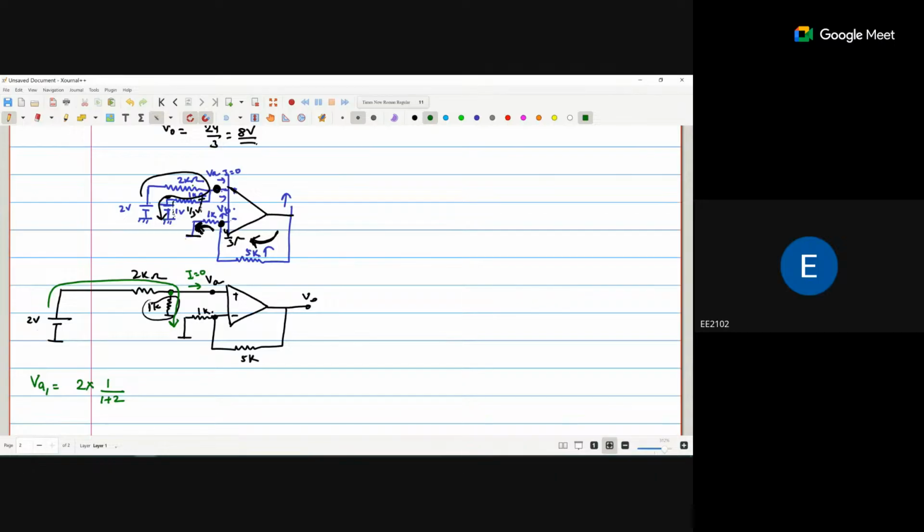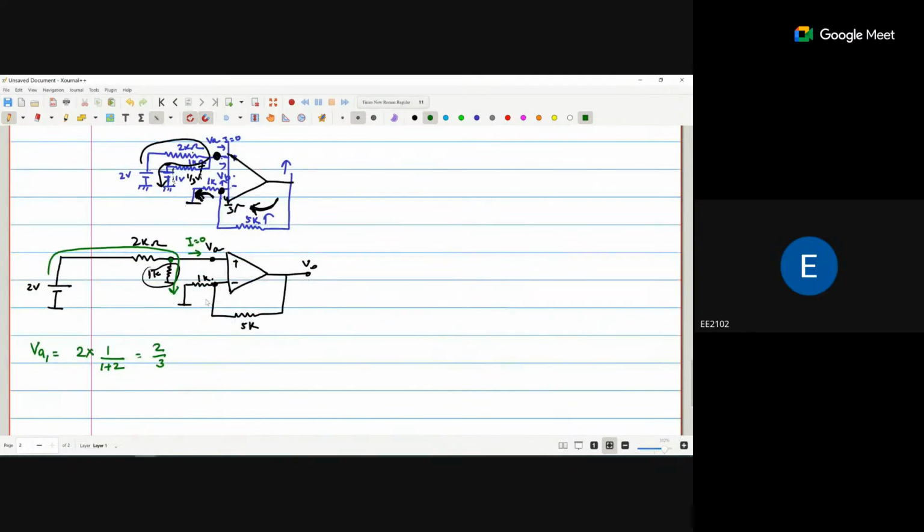The resistance of the same branch upon the total resistance, that is the formula for the voltage divider. So the voltage at this point is nothing but the voltage across the 1 kilo ohm, that is 2 by 3. Clear? Any doubt?